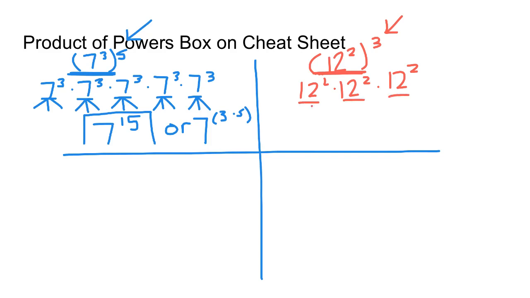Each of those groups has 12 times 12, 12 times 12, 12 times 12 because your exponent is a 2. So 12 is being repeated over and over and over. If I count them up, 1, 2, 3, 4, 5, 6 times. I could have gotten the same answer by keeping the base and multiplying my exponents.